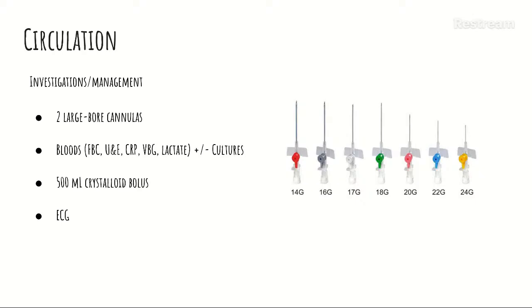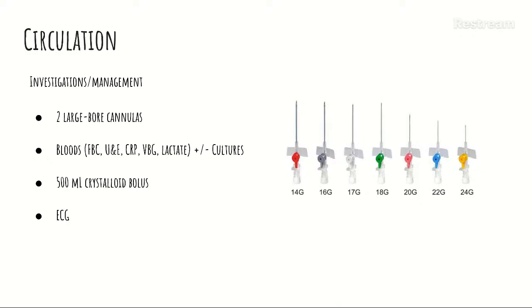And then the immediate management and investigations for circulation. Making sure that you've got 2 cannulas, one on either side, is probably the best first step. Making sure that you specify that you want a large bore cannula. That means the gauge is actually in reverse order.